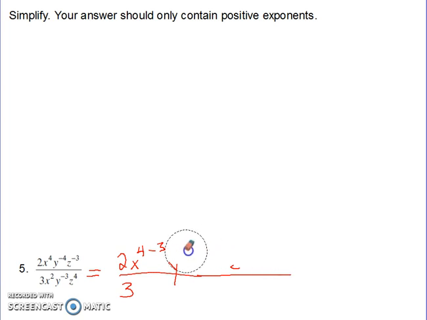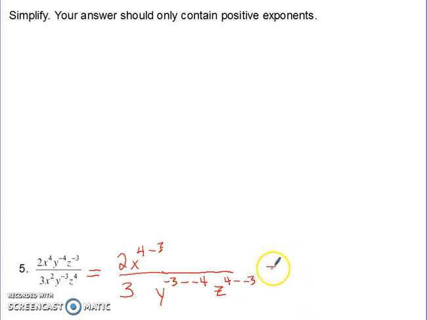I can rewrite in a different way. I can go from the top to the bottom. So I have a y to the minus 3 and then subtract minus 4. And then the z to the fourth and then subtract the minus 3.